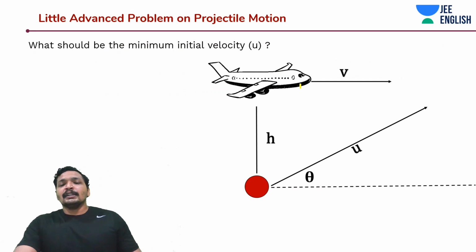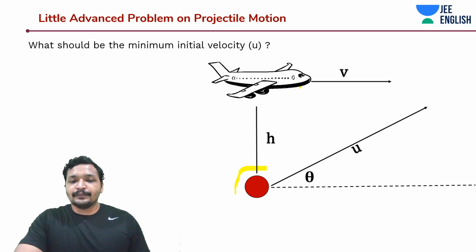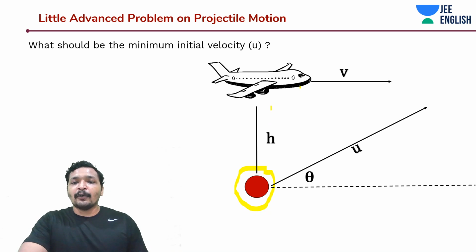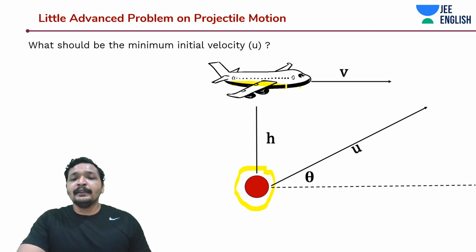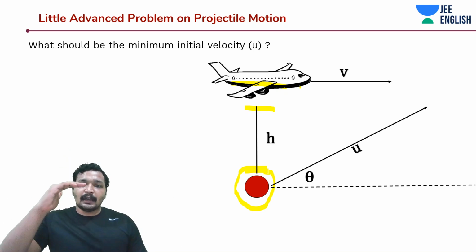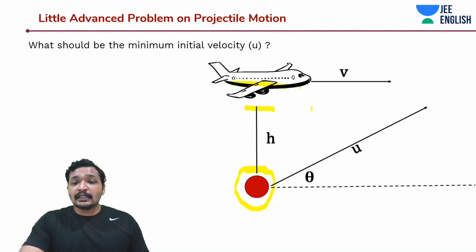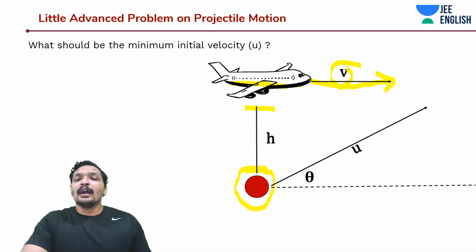So what is the thing? This is an object. This is me holding the ball, and this is you in this airplane, and the flight is flying above me at a height h. It is moving with a constant horizontal velocity v.